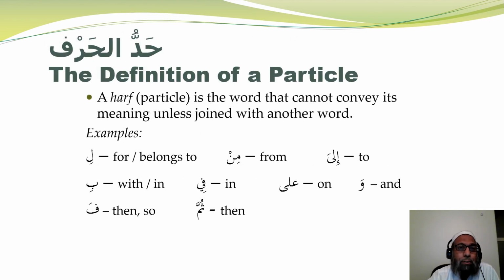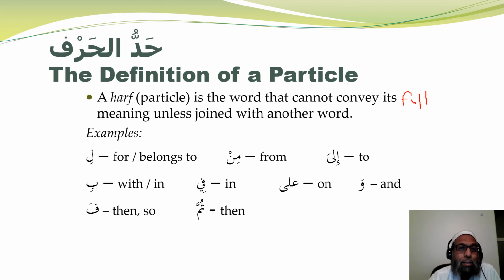Okay, moving on to harf, the particle. What is the definition of a particle? A particle is a word that cannot convey its full meaning unless joined with another word. For example, li. Li is a particle, which means for or belongs to, but it's not going to convey its full meaning until you add something to it.